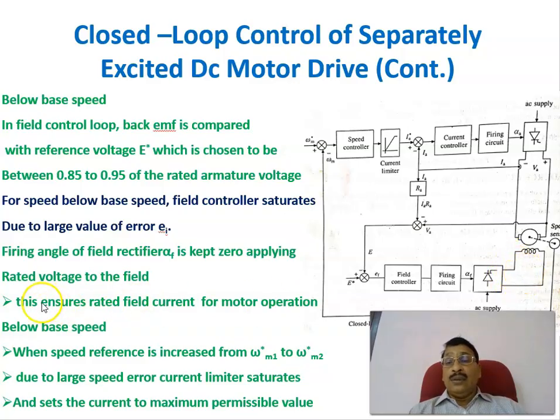This ensures rated field current for the motor operation below the base speed. So below the base speed, we apply the rated field current and control the armature voltage.